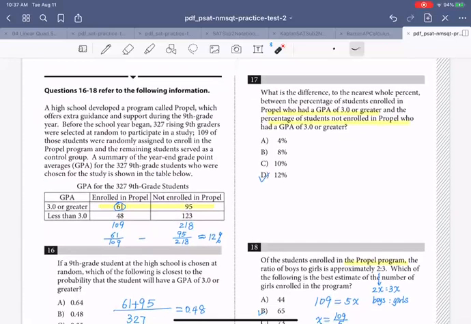17 is asking about the difference for the students who have a GPA of 3 or greater.